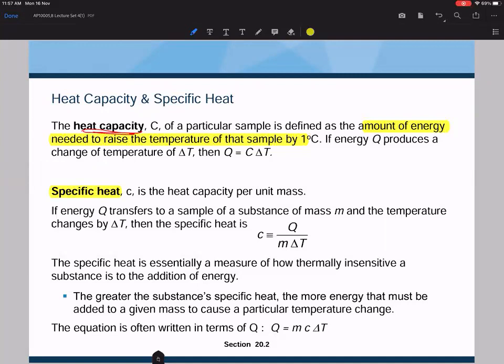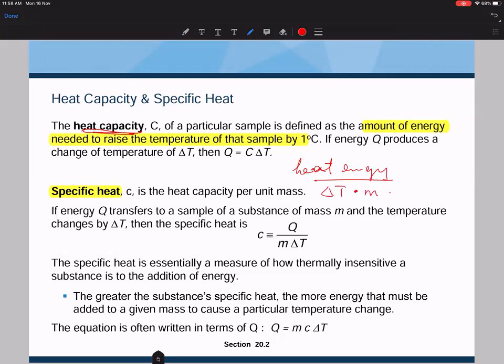The idea of the specific heat is you try to quantify the amount of heat energy required to raise the temperature of your system by 1 degree C for each kilogram of the system.